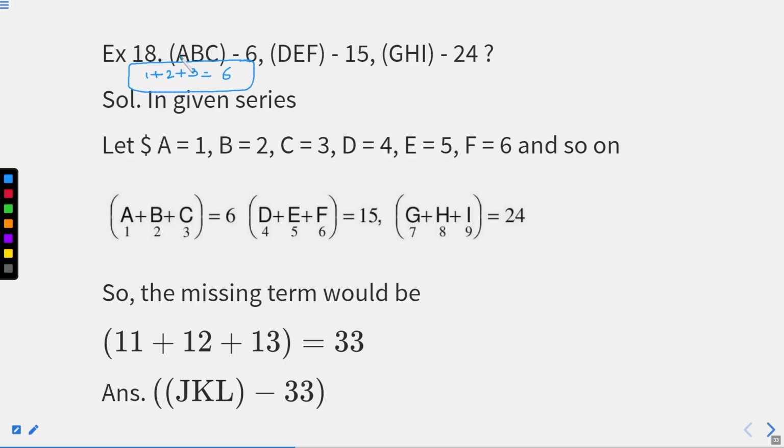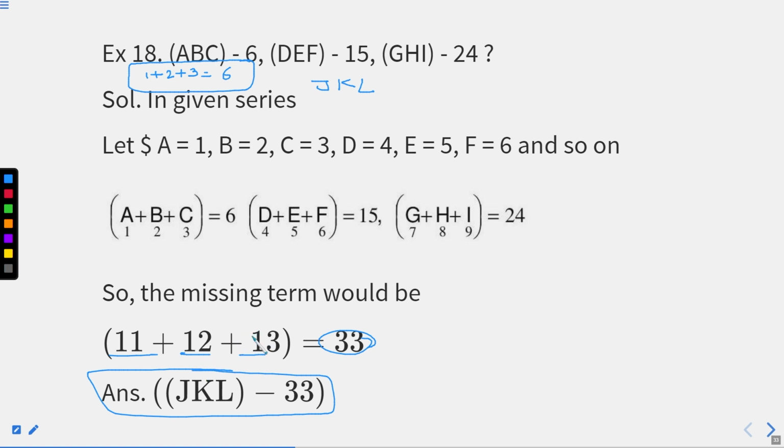The next letters are going to be J, K and L, right? And if we know the place values of J, K, L, that is 10, 11, 12, and if we add all, we are getting 33. So we are going to get our answer with the same logic.